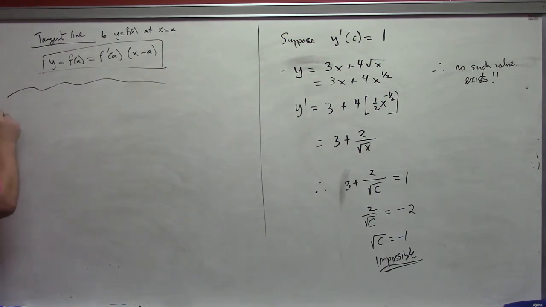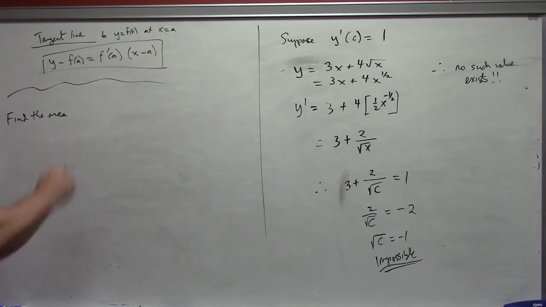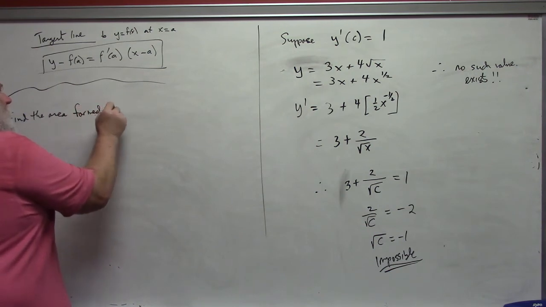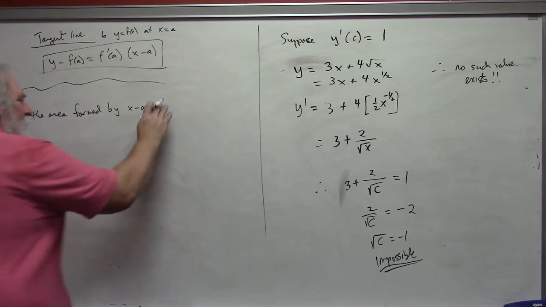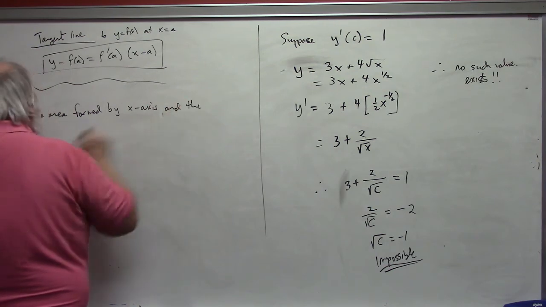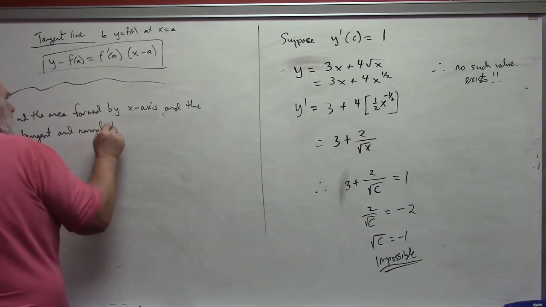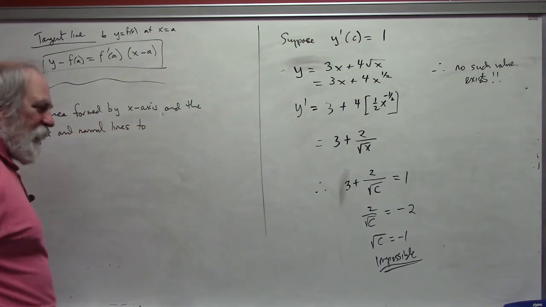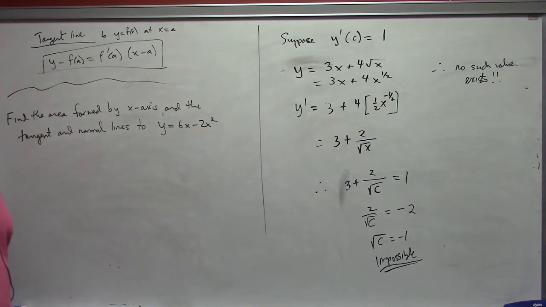I want to find the area formed by the x-axis and the tangent and normal lines to the curve y equals 6x minus 2x squared at x equal 2. Okay?